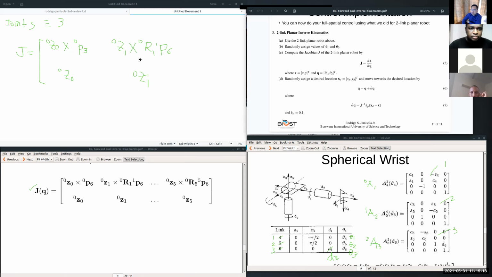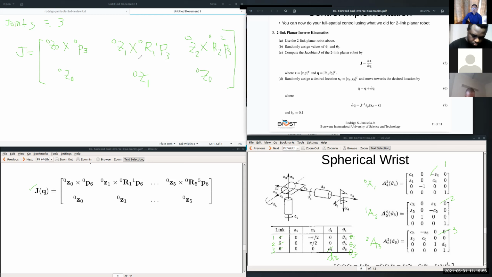Yeah, thank you. The next, 0Z2 cross with 0R2 and then 2P3, and 0Z2. Okay, there. So these are our 3 columns.